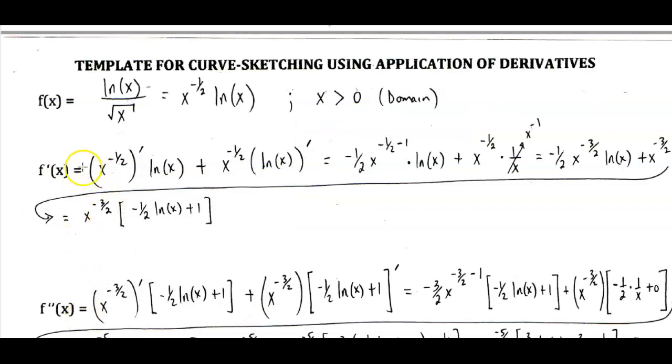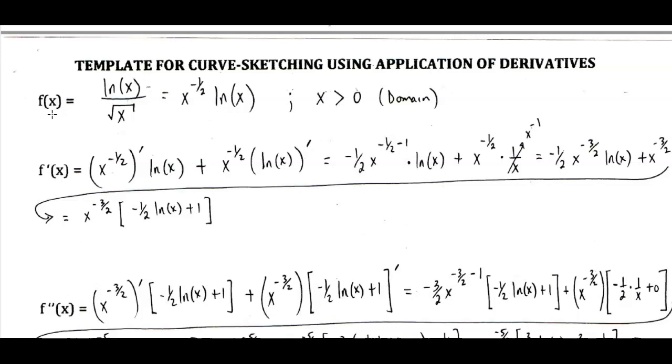All right, so this is an example of a function to where there is no real pre-cal way to try to make up a quick sketch of it. We're going to have to use first and second derivatives to help us out here, okay?